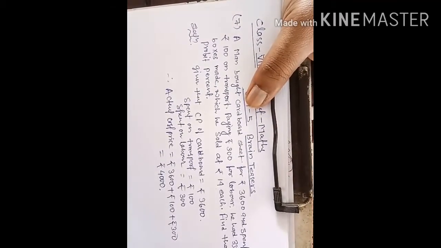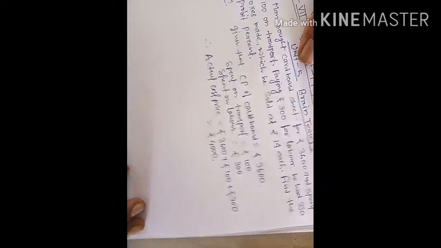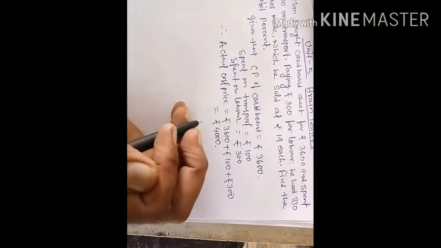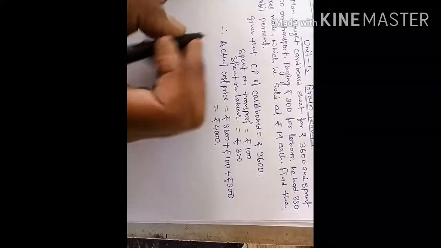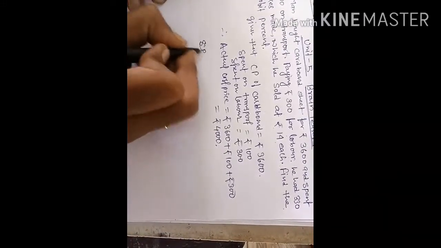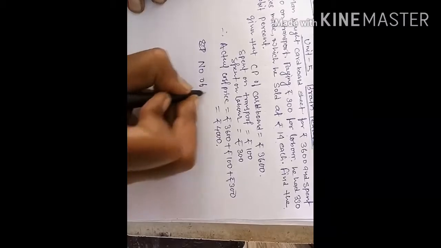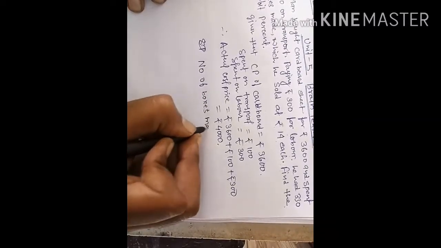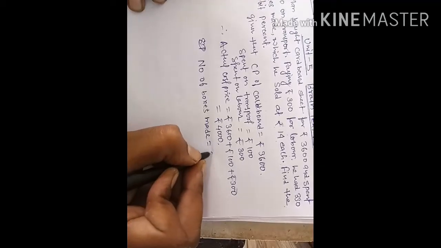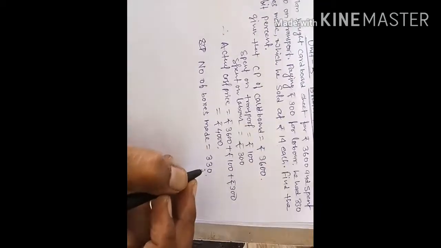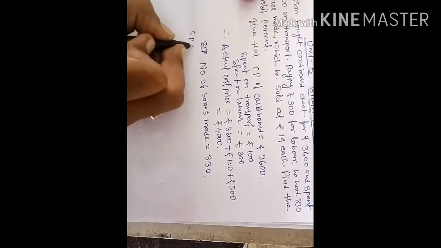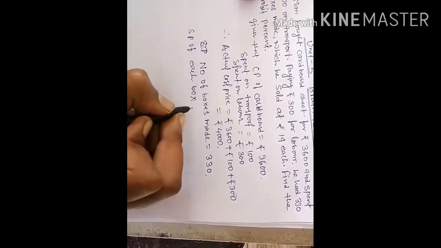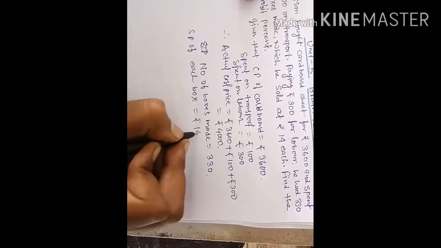Now the number of boxes made is equal to 330. Selling price of each box is equal to rupees 14.